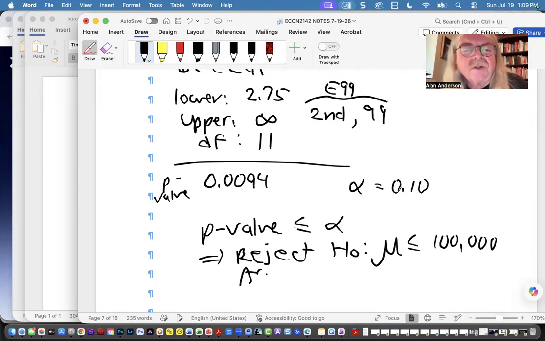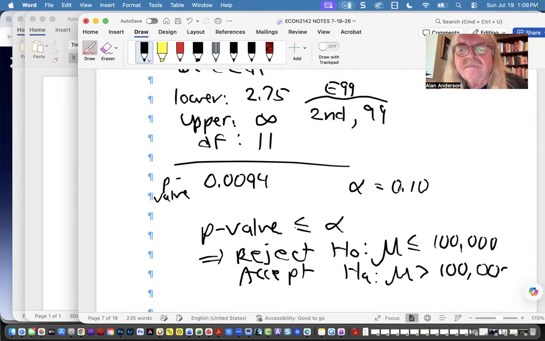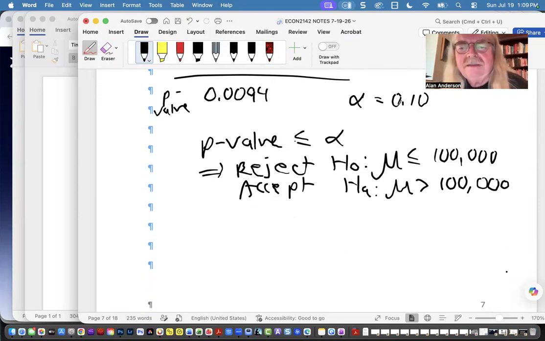And of course, accept the alternative that it's greater than 100,000.